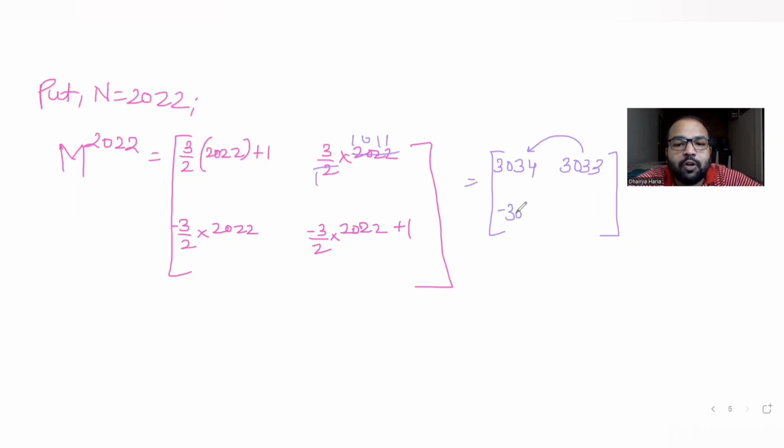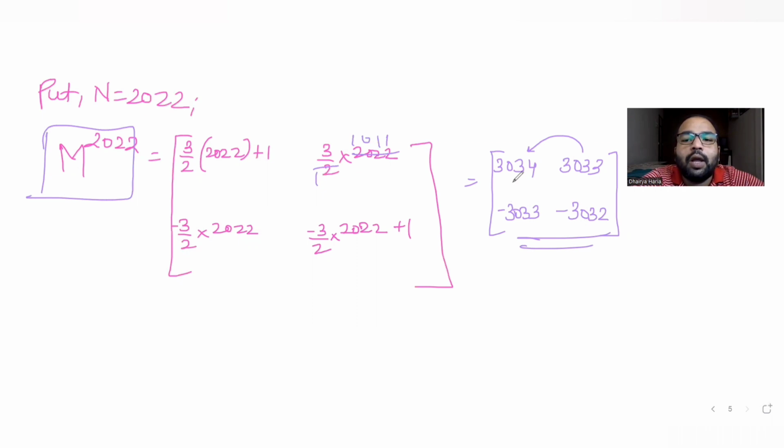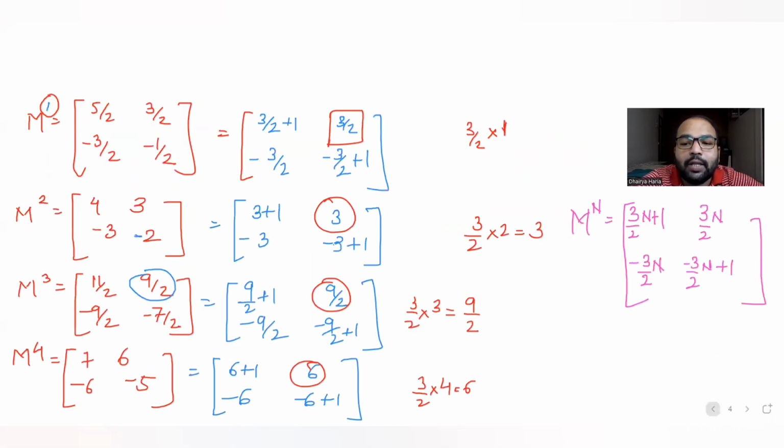The third term I obtain by multiplying by minus 1, and adding 1 to the third term gives me the fourth term, that becomes minus 3032. So I get this matrix for m raised to 2022, and the option which matches the answer is option A. So the correct answer for the question is option A.